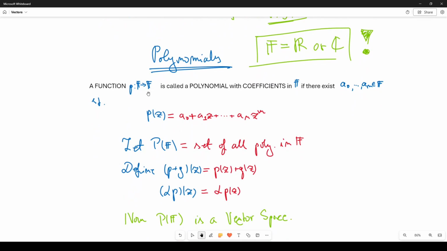Now for another example, polynomials. A function p, which maps from our scalars to the scalars, is called a polynomial with coefficients in F if there exist a0 to an, which are scalars, such that p of z is equal to this. So this is a polynomial, and now we let P of F be the set of all polynomials in F, and we define addition between polynomials to be equal to this and scalar multiplication to be equal to this. And as it turns out, the set of all polynomials with addition and scalar multiplication defined like this is a vector space.